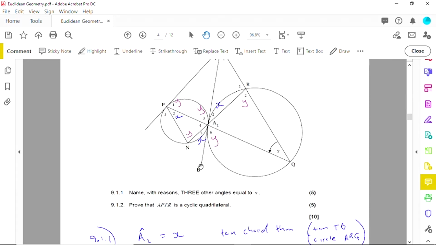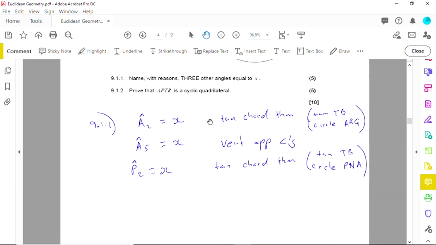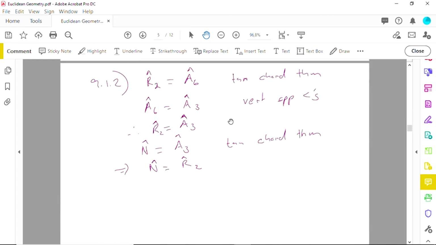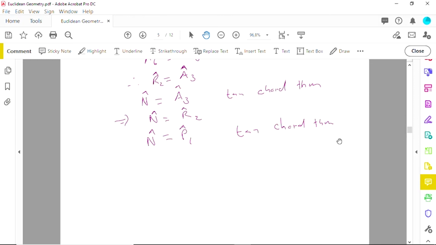And they said N is equal to P1. Again, we are just using tan chord theorem. Maybe we should state which tangent we are talking about. Otherwise, it should be just tan chord theorem throughout. Therefore, R2 is equal to P1, which is what we are looking for.